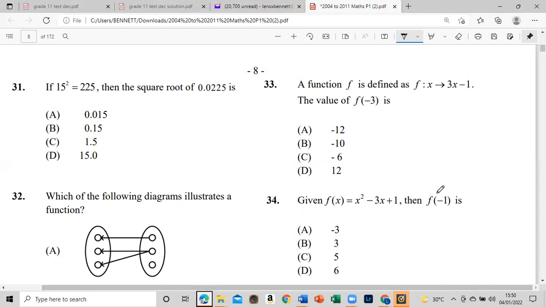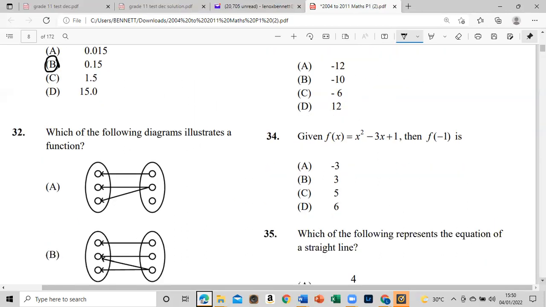Yeah, which number multiplied by itself? 4 decimal places. 1, 2, 3, 4. It has to be this. Alright, so that will be 0.15. I like it though. Absolutely awesome. I think it's the first time I've seen a question like that.